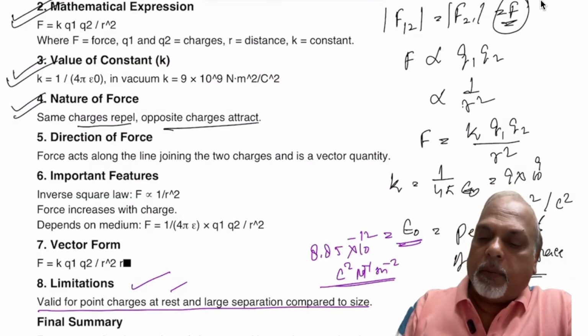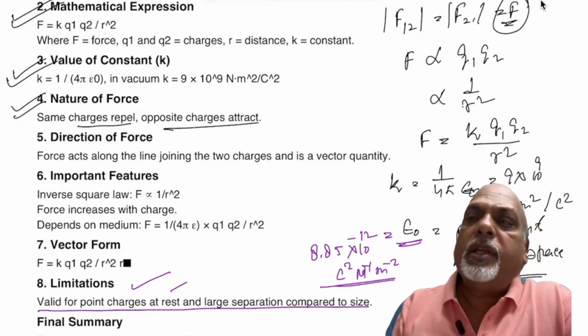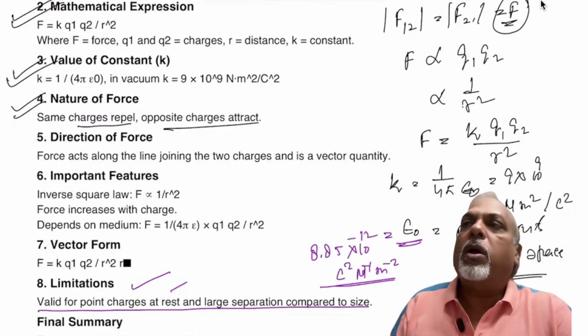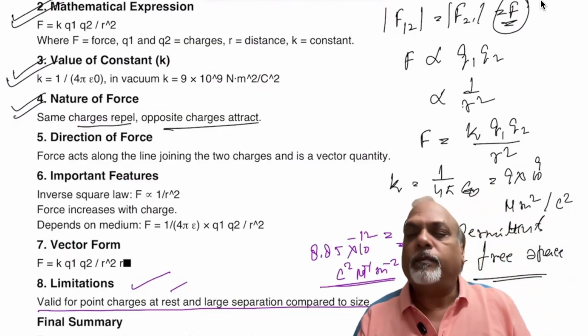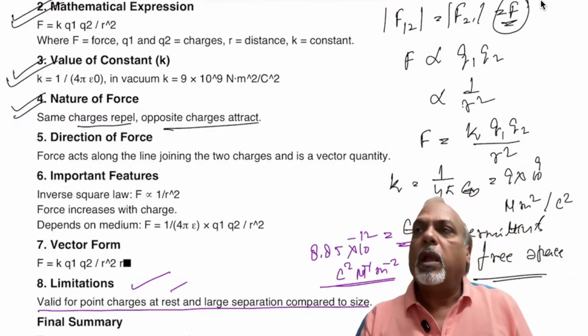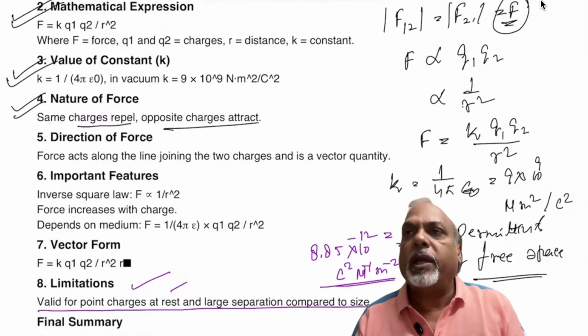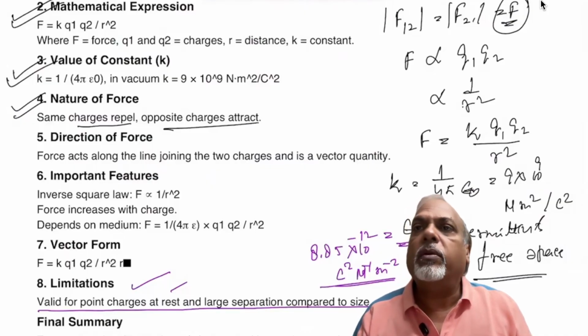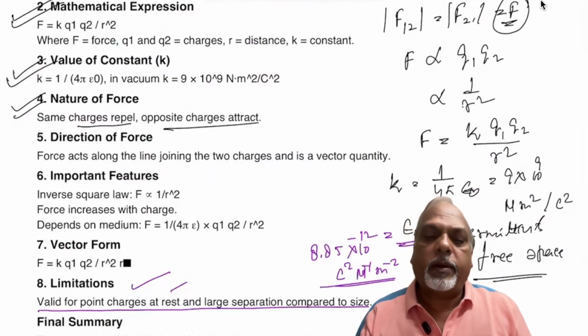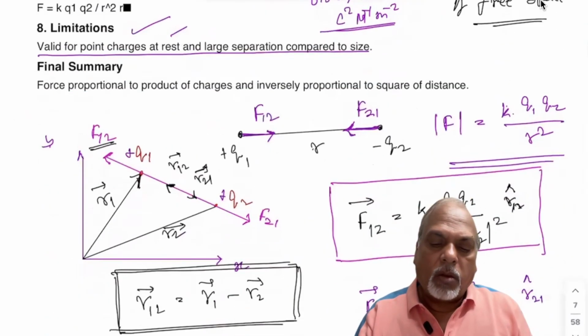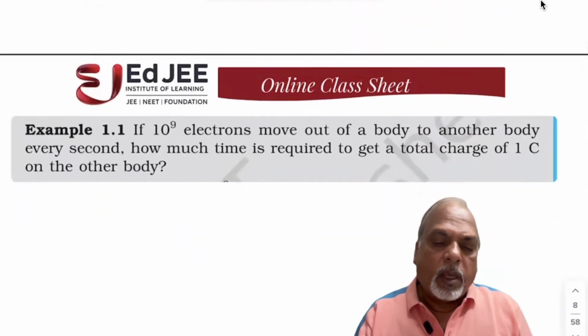This is basically the permittivity of free space, or you can say vacuum. For air also, it is taken as the same value. Correct? Now, let us go further.